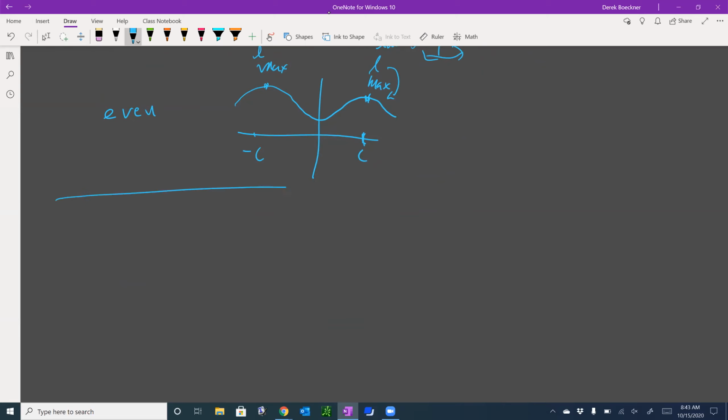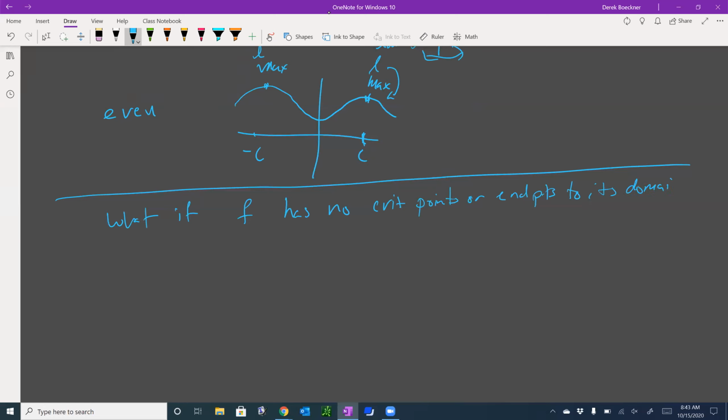What if your function doesn't have any critical points or any endpoints to its domain? Can it have a maximum? Can it have a minimum?